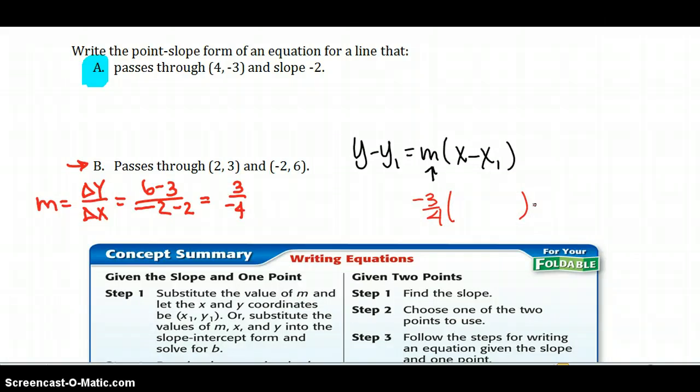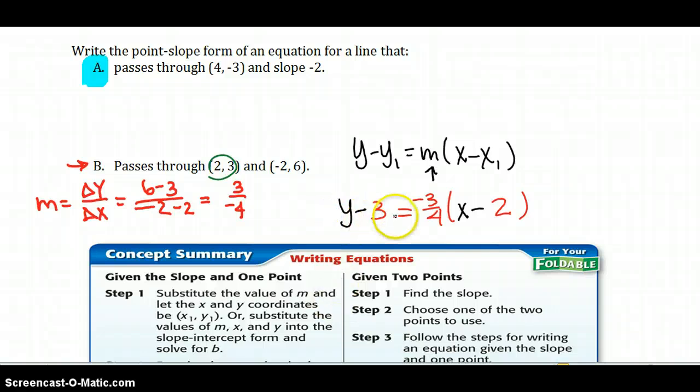Now if I only had an x and a y, well, I actually have two x and y's. So I can pick either one that I want. I just randomly decided I'd choose 2, 3. So it's going to be x minus, and my x here is 2, and then y minus, and my y for the point that I chose is 3.